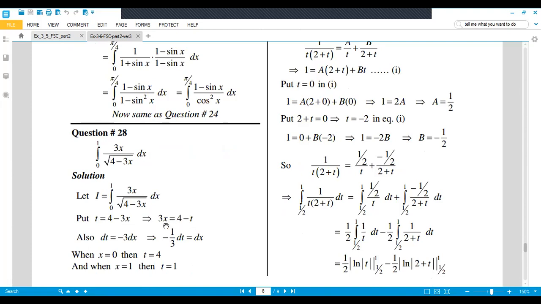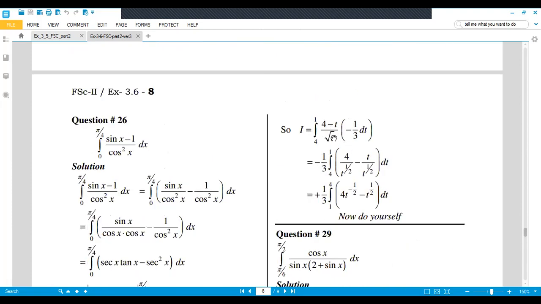When you take the differential, it will be 3 dx equals minus dt. So multiply the minus sign on both sides, dt is equal to minus 3 dx, and minus 1 over 3 dt is dx. Now if you put x equal to 0 in this, t is equal to 4. When you put x equal to 1, t is equal to 1.